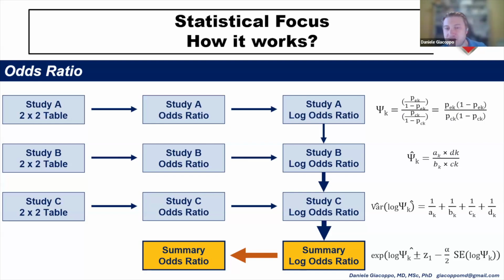In this case, we have a logarithmic transformation, and so we will generally pool by inverse variance weighting the log odds ratios along with the corresponding standard errors, to then exponentiate these estimates back into the odds ratio and 95% confidence interval.